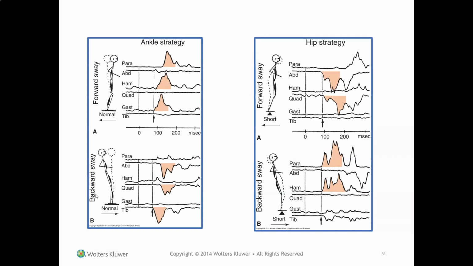During the backward sway, your quads are working, your abs are working, and your tibialis anterior is working. Now, during the hip strategy, during the forward sway, you've got your abs working and you got your quads working. During the backward sway, you got your paraspinals working and your hamstrings working. So if you look at what's working and what's not working.